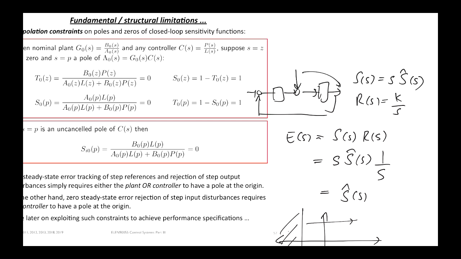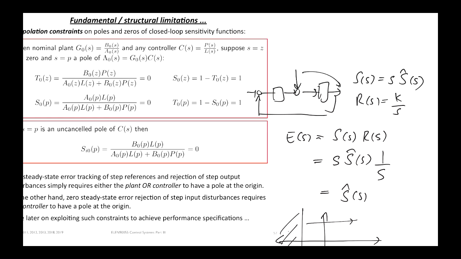And if the closed loop is stable, then this S hat, which has singularities at the poles of the sensitivity function, they will all lie to the left of the imaginary axis. And so we know that the region of convergence for the Laplace transform of the error signal will then be a right half plane that contains the imaginary axis. And that tells you that it's a signal that decays to zero, exponentially in fact, as time goes to infinity. All right?